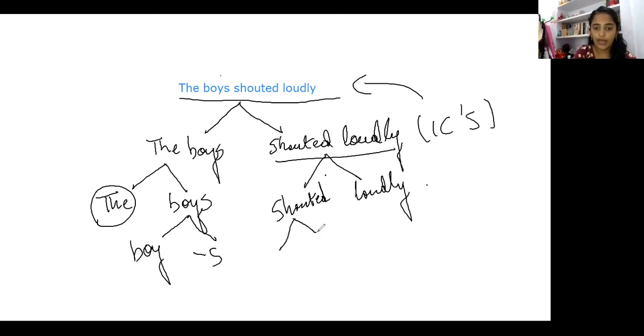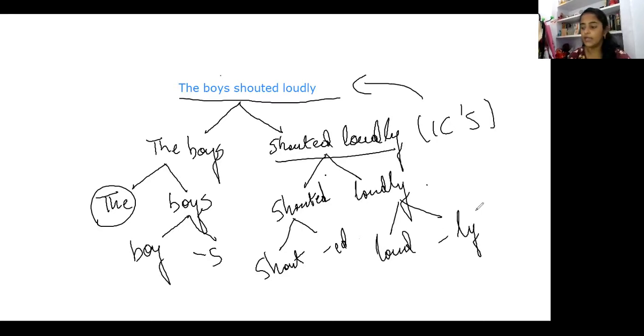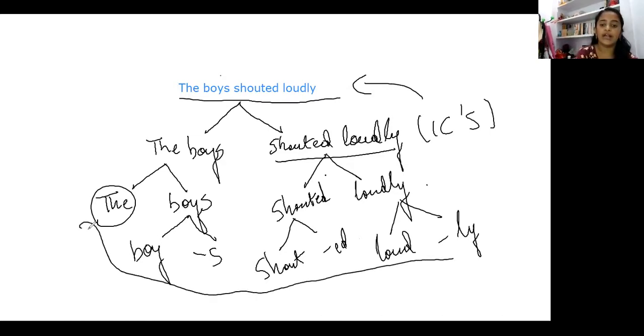Again, with "shouted" you have shout and the ed form. With "loudly" you will have loud and ly. Can you break it down further? Look at it carefully. No. So now we have reached the ultimate constituents of this construction.